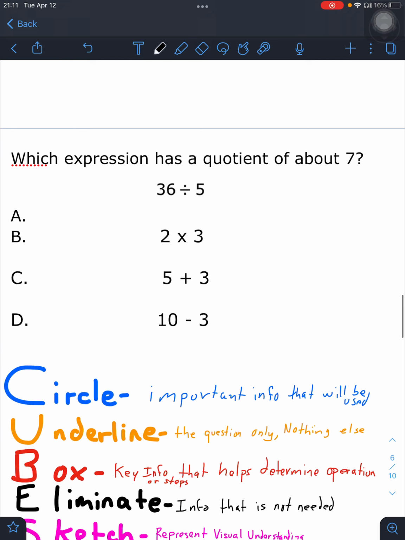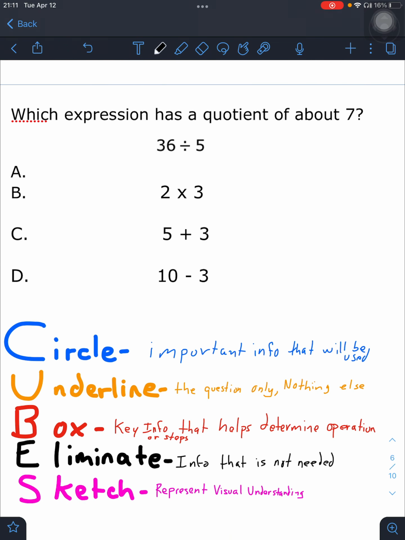We'll begin with this problem, which expression has a quotient of about 7. So here we're going to circle our important information that is going to be used in our problem. This is 7. Underline the question itself. So this is our question here.